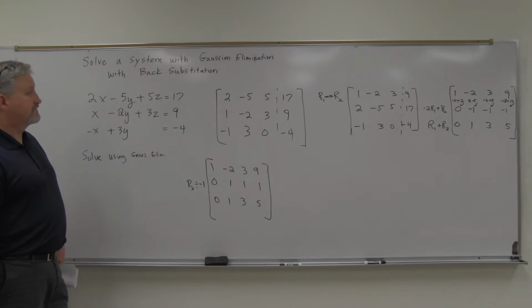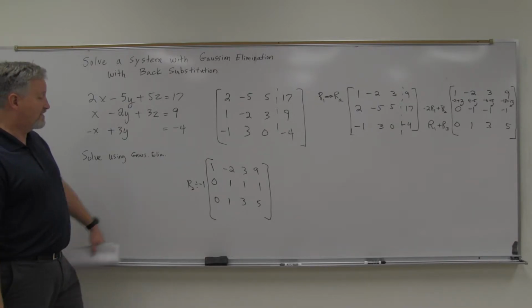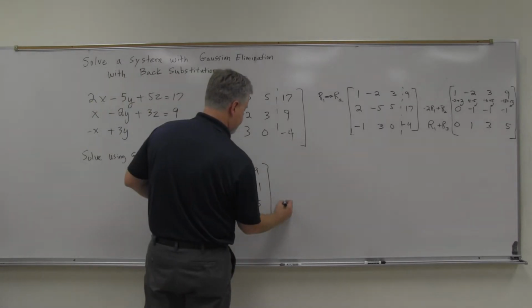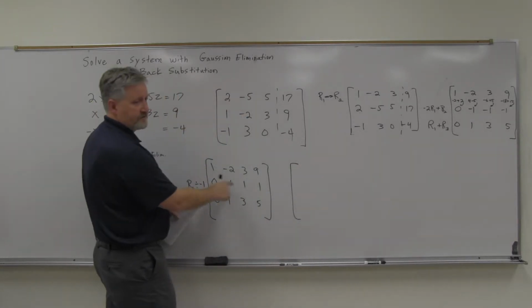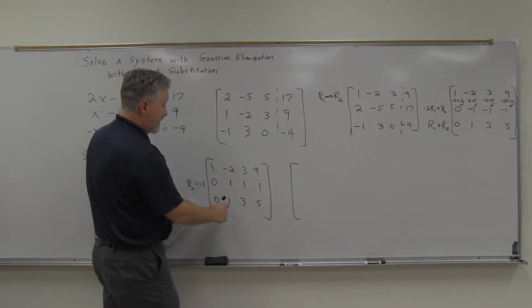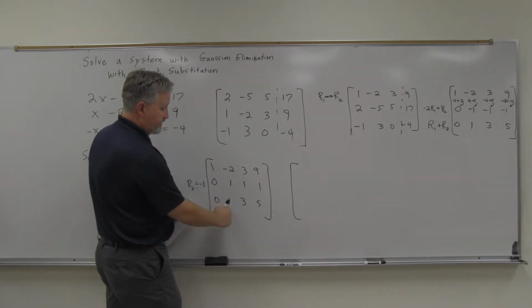It would probably have been better to do that, because now what we're going to have to do is take row 2. I'm good on the first 2 rows, because I got 1, 1, and then 0 here. But now I need this to be 0 because it's below the diagonal again.